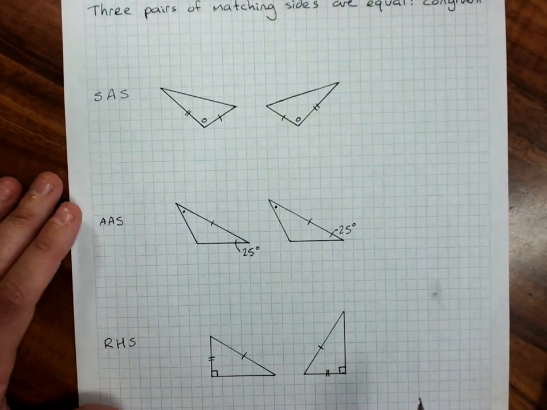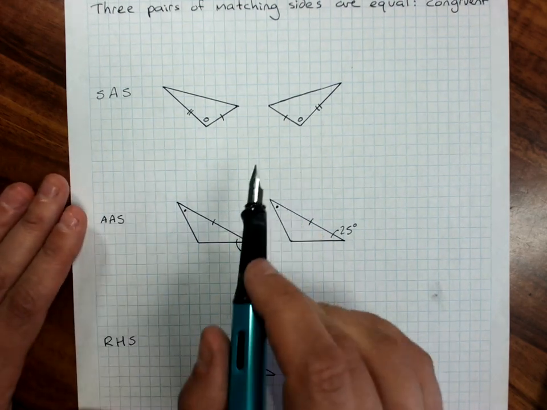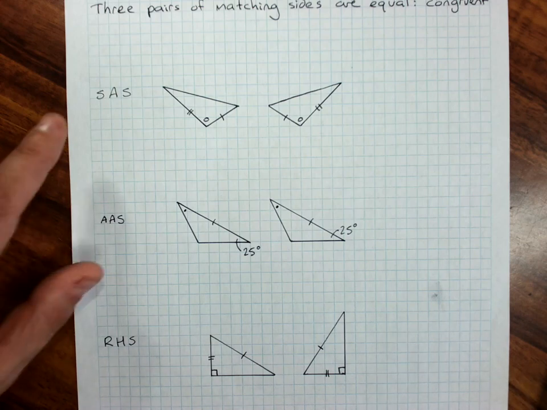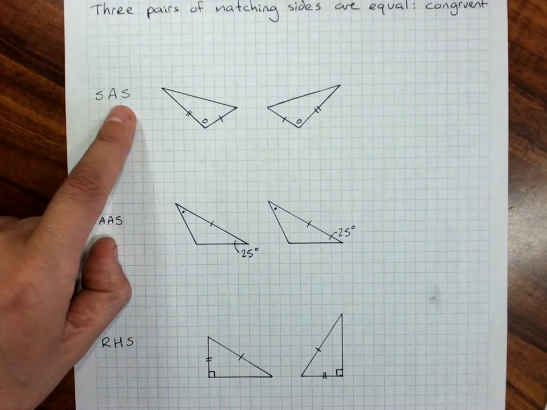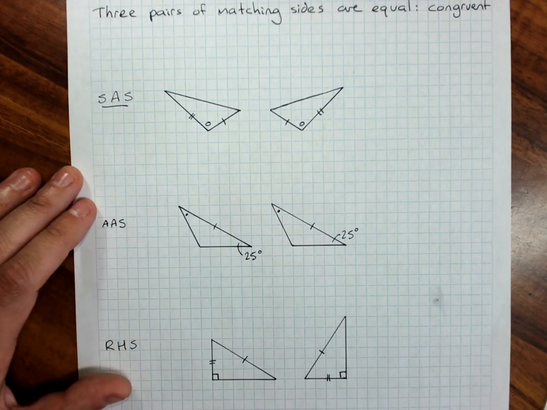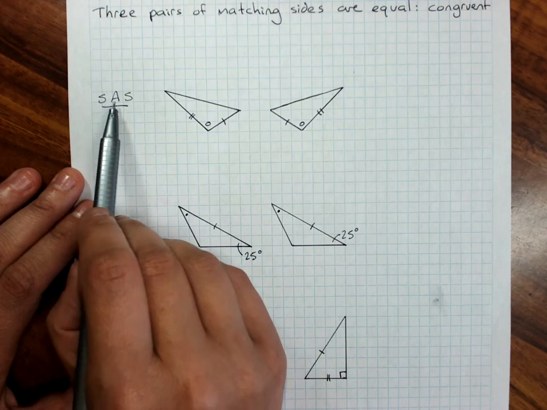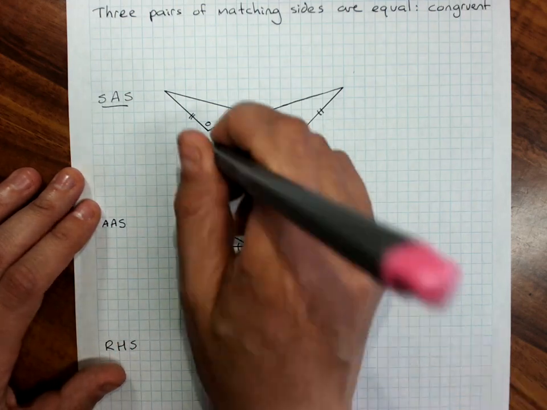This is the side angle side rule. Now this has a little bit of a trick to it. You've got to put the angle in the middle when you write side angle side. And that's because the angle has to be in the middle of the 2 pairs of matching sides that are equal.